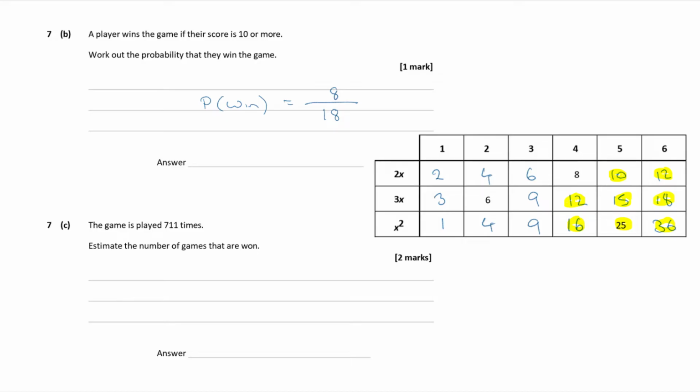Part C says the game is played 711 times. Estimate the number of games that are won. Right, so expected number of successes is going to be the probability times the number of trials.